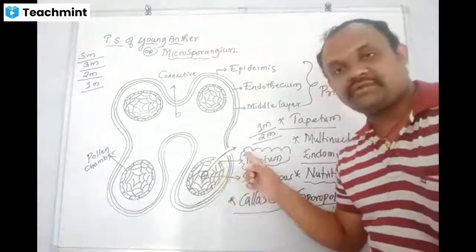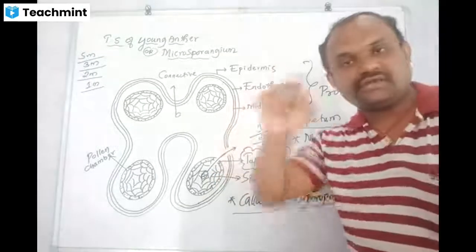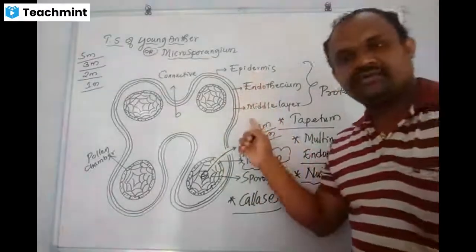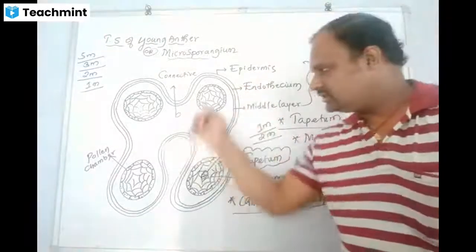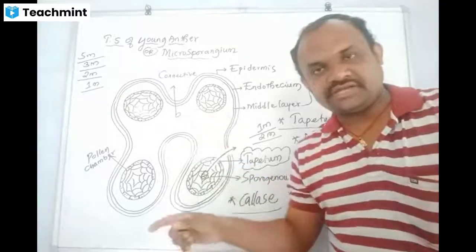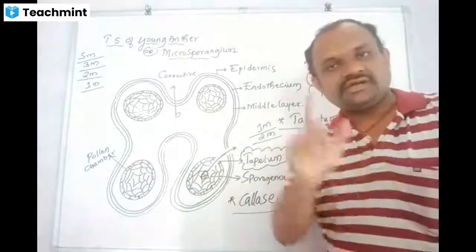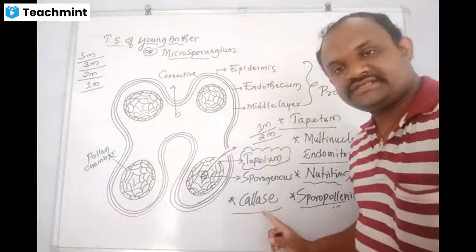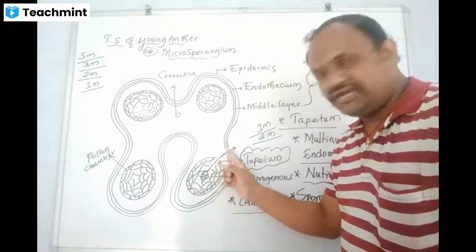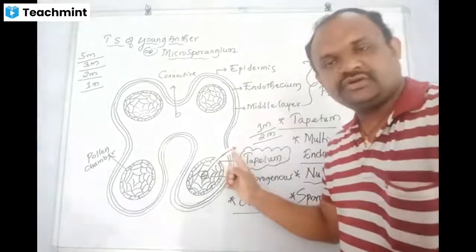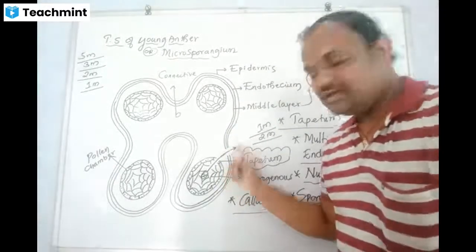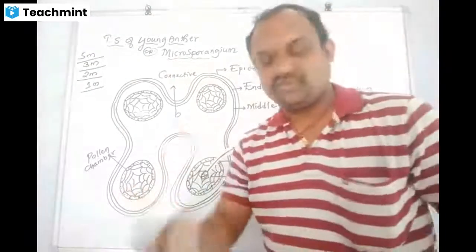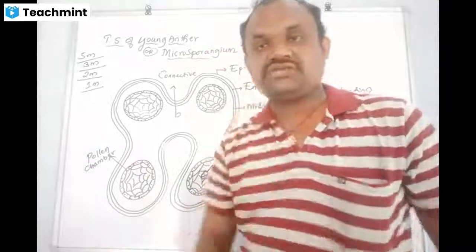I said in the first point that these three layers help with that: the epidermis, endothelium and middle layer give protection to the inner parts of the anther and help it release the pollen grains. How does it release them? With the help of the callase enzyme, which dissolves these layers and helps the anther release the pollen grains. So these are the 4 functions of the tapetum.